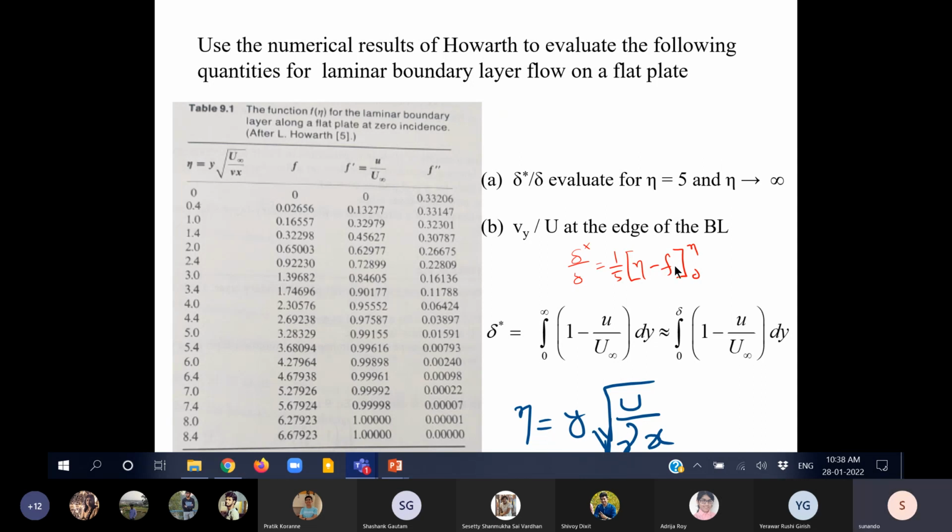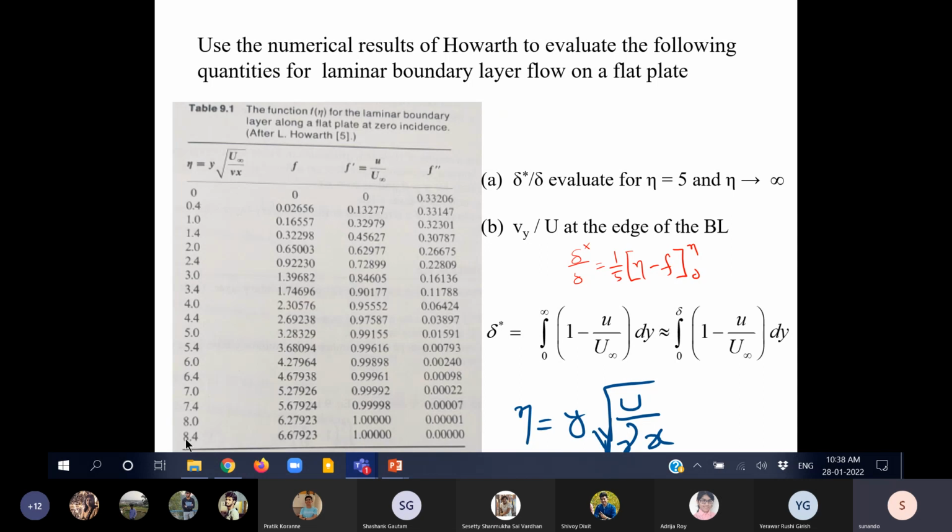So I can substitute eta equals infinity by eta equals 8. The difference will remain unchanged from this point onwards. Agreed?